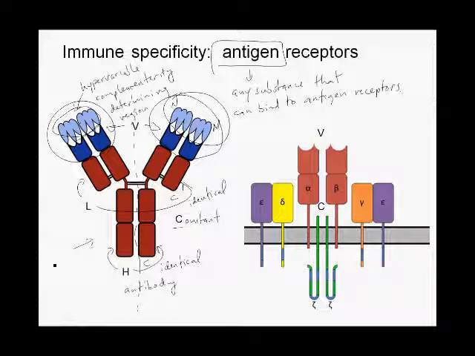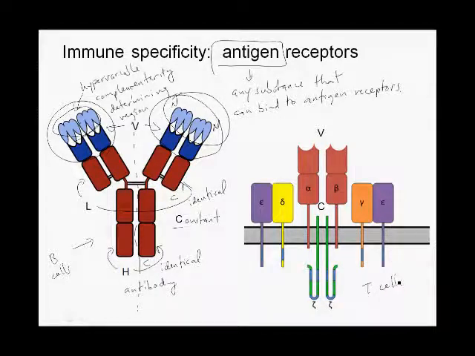And these are found on the surfaces of B cells. Okay, so immunoglobulins are also actually the B cell antigen receptors. So the B cells have on their cell surfaces, on their plasma membranes, a membrane-bound version of immunoglobulins that serve as their antigen receptor.